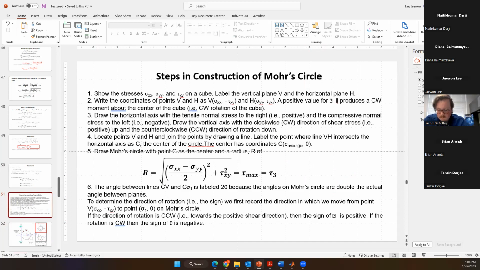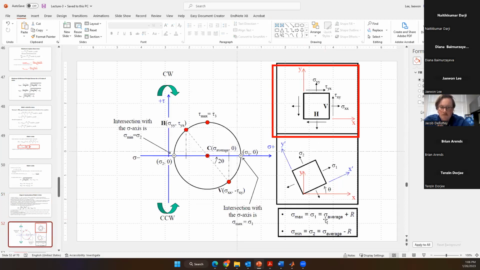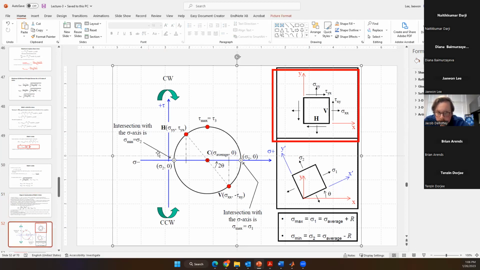Then locate points V and H; the line VH intersects the axis at C, the average normal stress. There is no shear stress there.